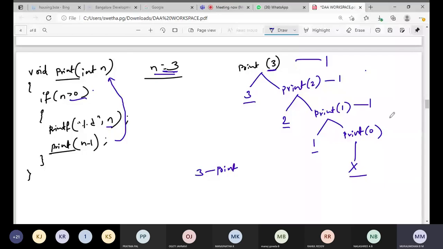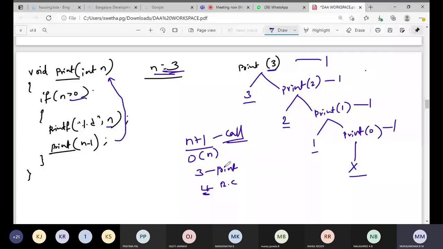The recursive call is executing 4 times. So when n is equal to 3, it is executing 4 times, which means n plus 1 times the call is getting executed. So it is nothing but the order of n.